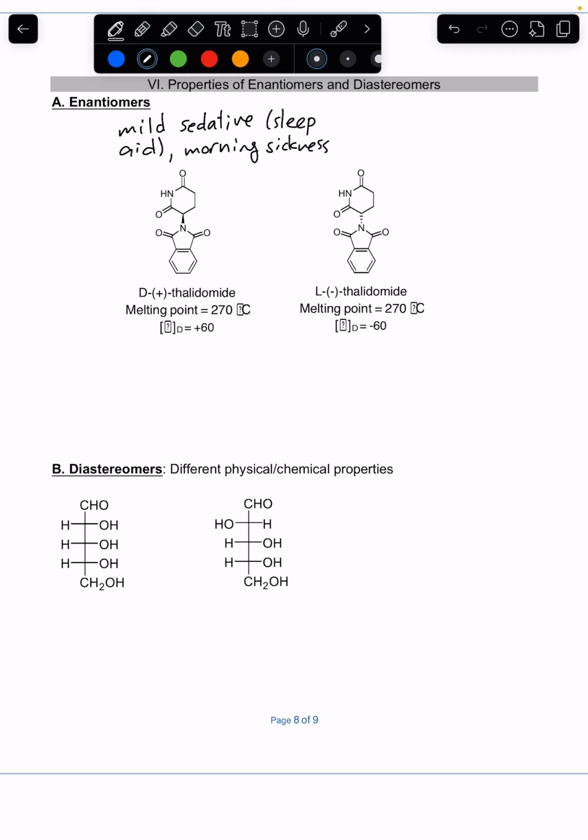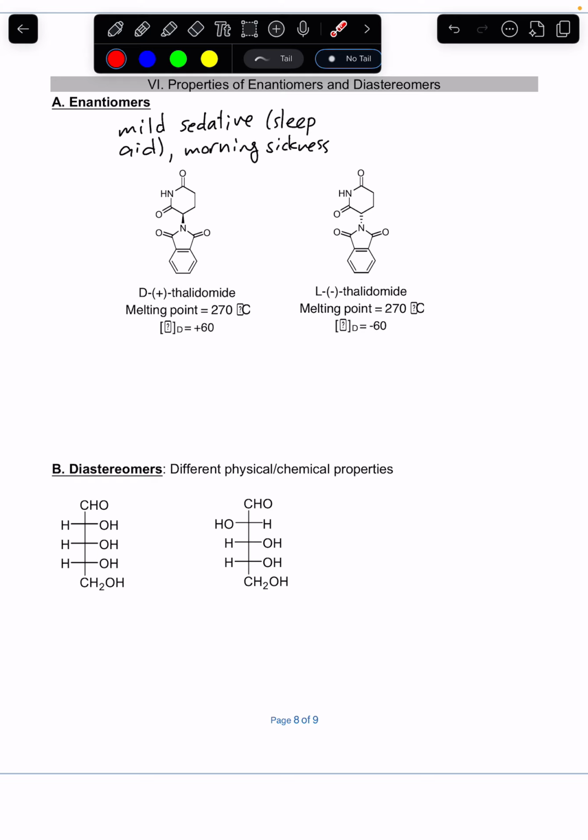But the problem at the beginning was the manufacturing or synthesis process, because enantiomers have identical physical properties and identical chemical properties. It's really hard to separate these two. We'll talk about the separation in a minute, but because of that, really to cut costs, they sold a racemic mixture, in other words, a one-to-one mixture of these two enantiomers.